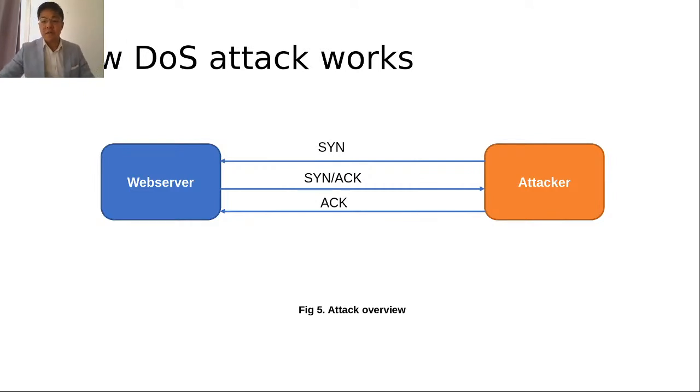This is what is called a three-way handshake. It starts off with SYN and it ends with ACK. Once the acknowledgement packet has been sent, everything is good, so we start exchanging information, watching videos, sending emails, and all the rest of it. This is the traditional way of web communication.